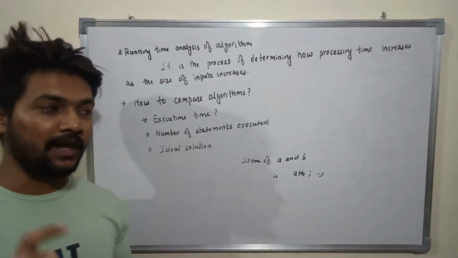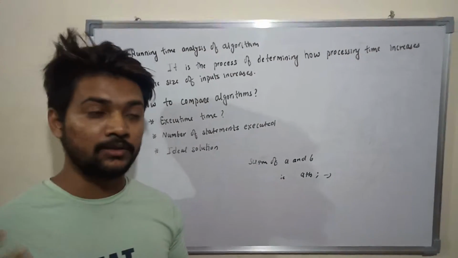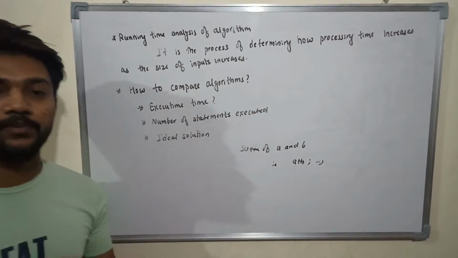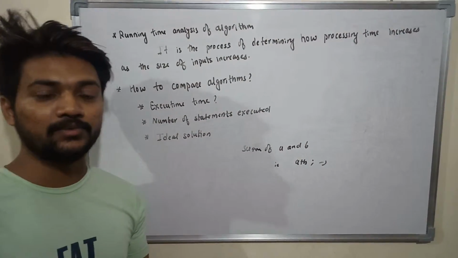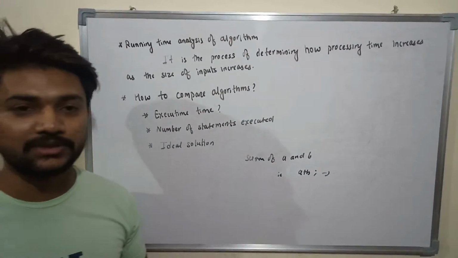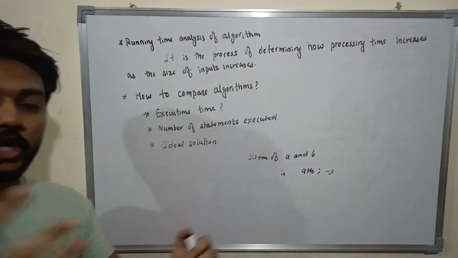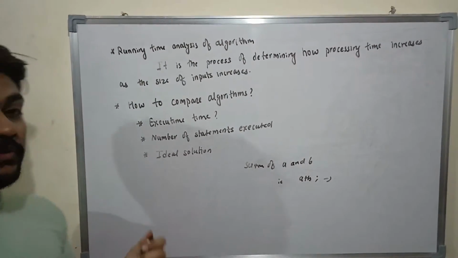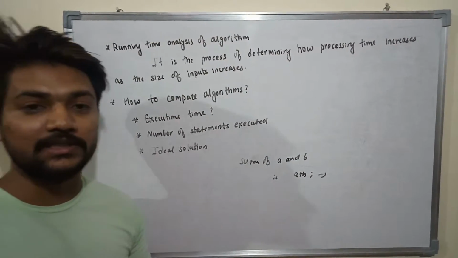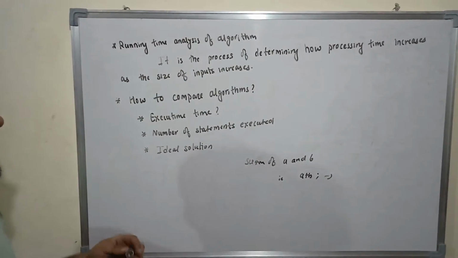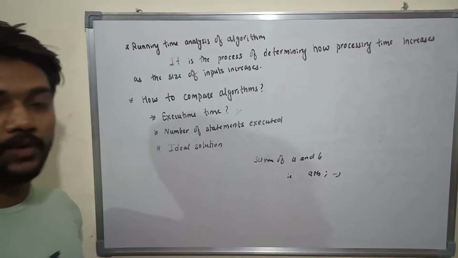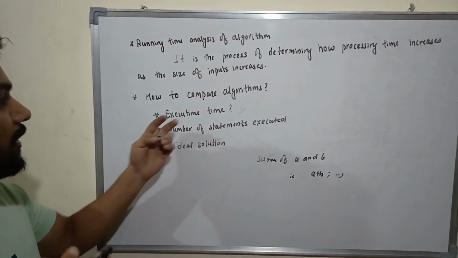If we run the same algorithm on the two different machines, then obviously the i7 processor will execute the algorithm faster than the i5 processor. So we cannot actually judge how fast an algorithm performs if we consider it machine dependent. So we cannot use the execution time for comparing the algorithms.